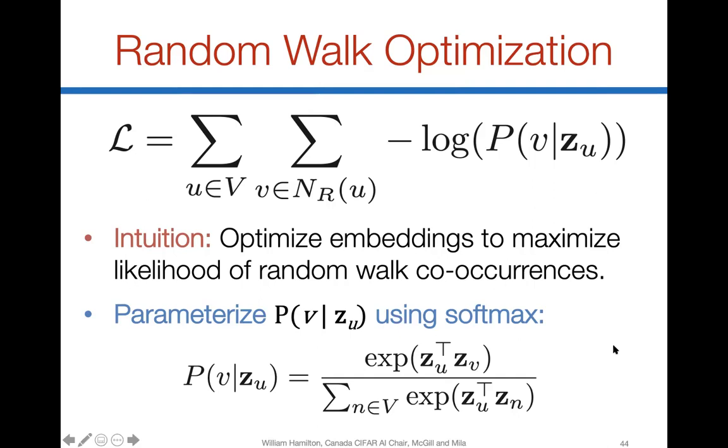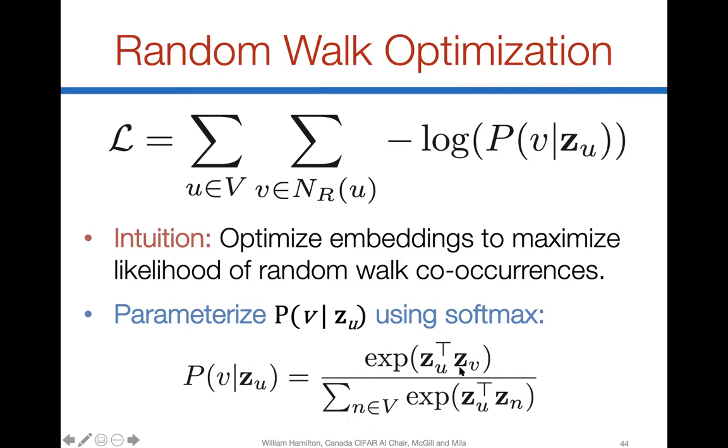What's nice about the exponential function is it guarantees that this is positive. No matter what the dot product is, it could be negative, but this is always going to end up being a positive value. Then on the denominator, I'm going to normalize, comparing the dot product between nodes U and V to the dot products between node U and all other nodes in the graph.